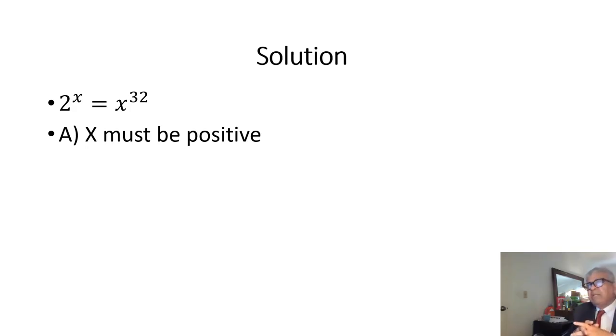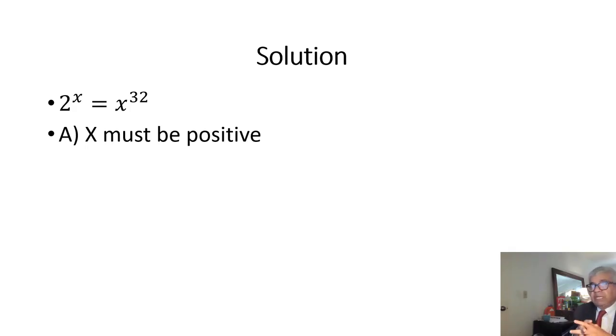If x is -4, we know that 2 to the power of -4 is going to be 1 over 2 to the power of 4, and it's going to be much less than 1. But -4 to the 32 is going to be a very large number. They can't be equal.